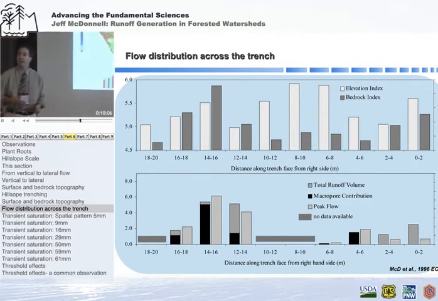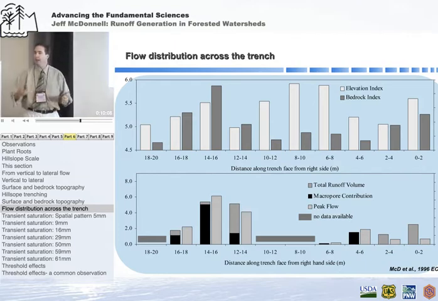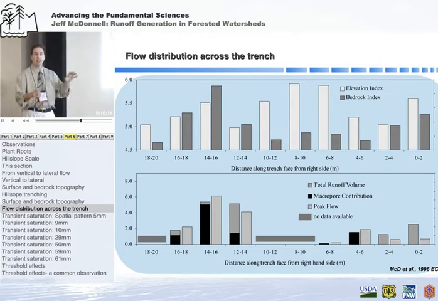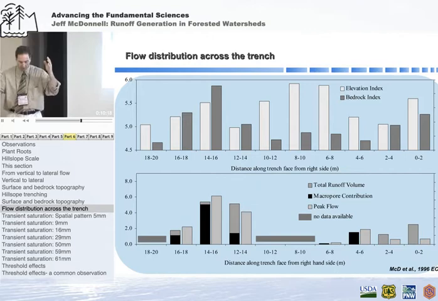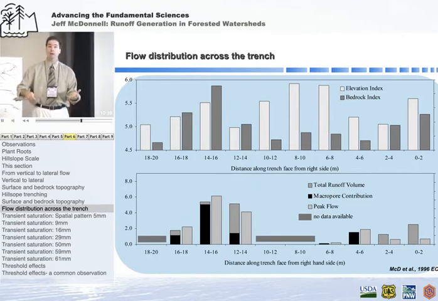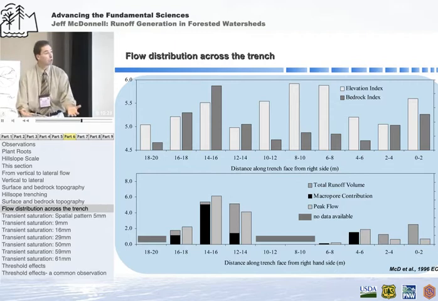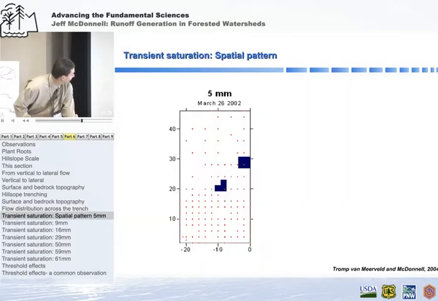So these data are indicating, and more data from different trench sites are saying, that at the hill slope scale, it's not the surface topography, it's the underlying topography. It's what we learned at the plot scale. Water moves to depth, backs up at an impeding horizon, and then it's exploiting that underlying surface to move laterally downslope. That's what these data are saying.